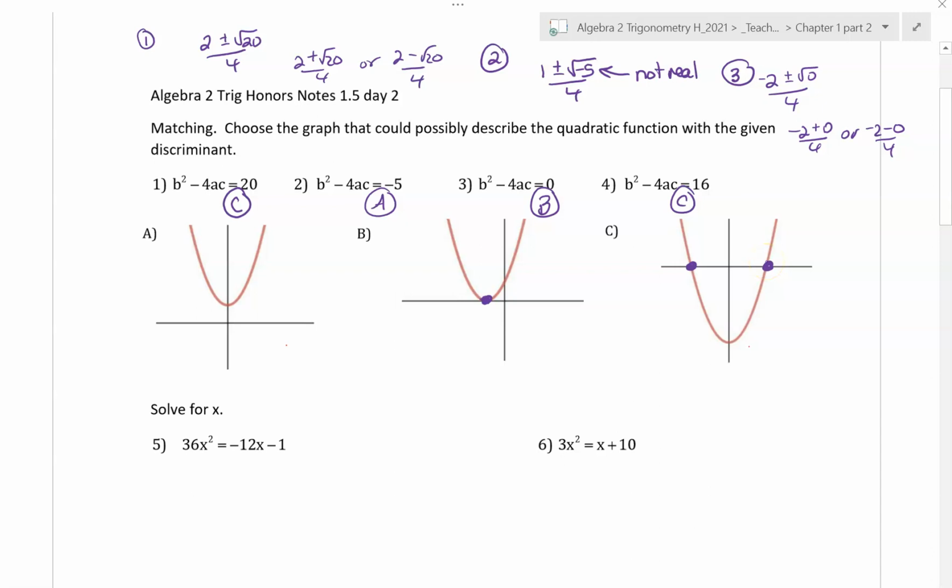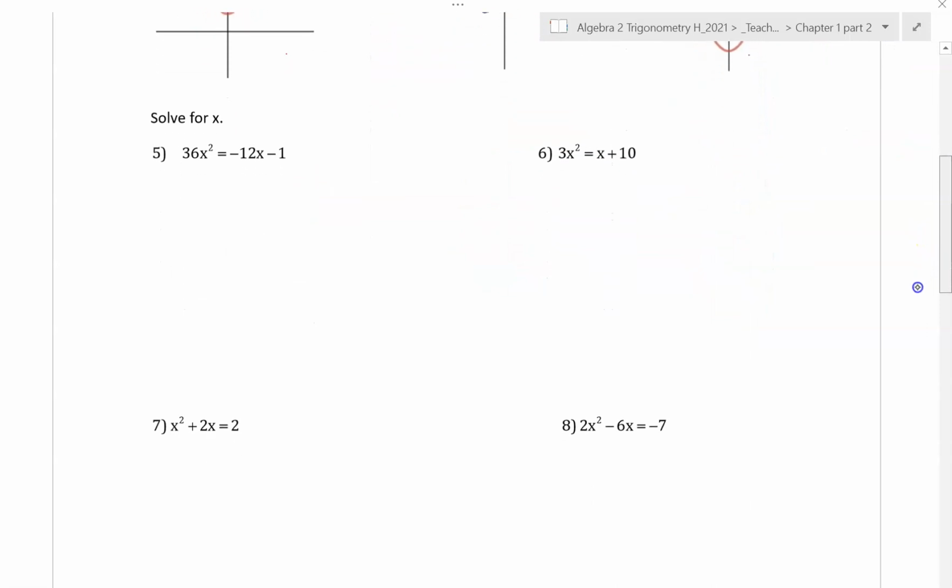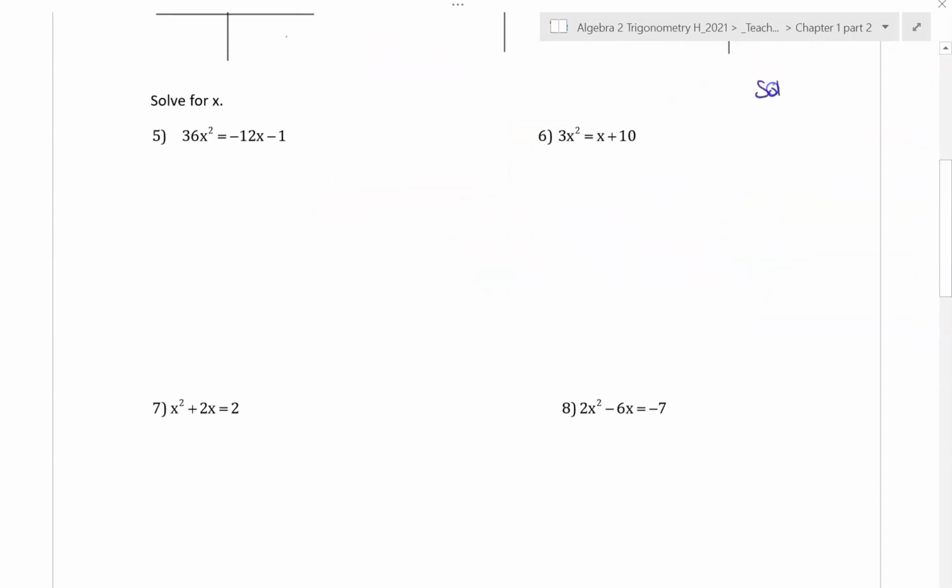Okay, let's take a look now at numbers 5, 6, 7, and 8. You're going to solve for x. So what we're going to do is have 0 on one side of the equation.